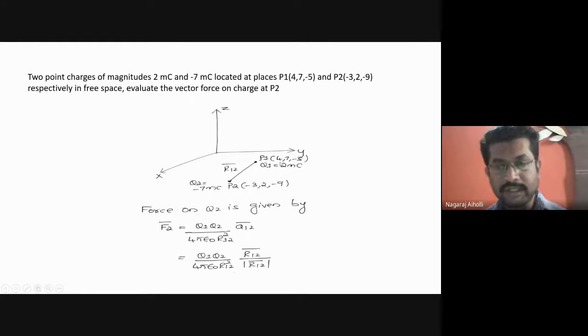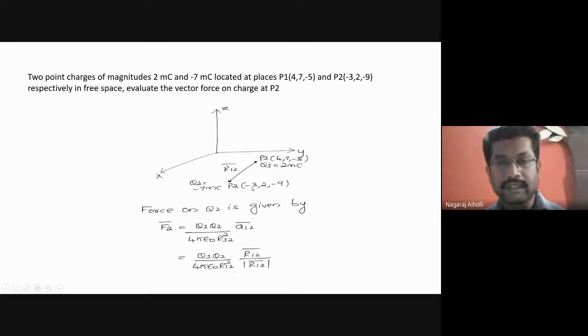Here the X coordinate is 4, the Y coordinate is 7, and the Z coordinate is minus 5. That is P2 minus P1. That is minus 3 minus 4 of AX bar plus 2 minus 7. You have to take the corresponding coordinates, that is x2 minus x1, y2 minus y1, and z2 minus z1, like that.